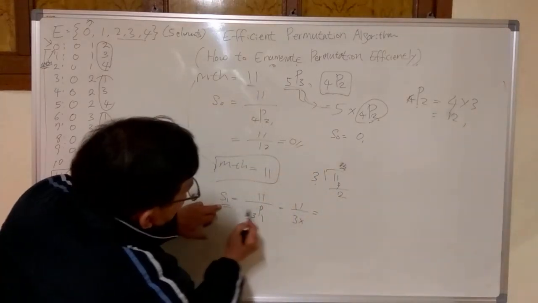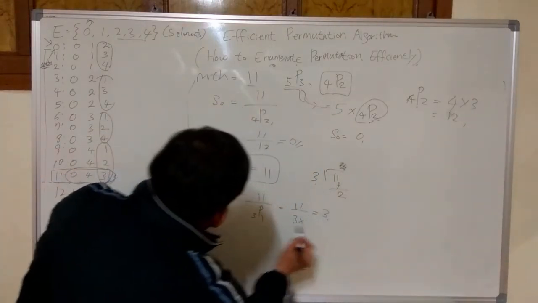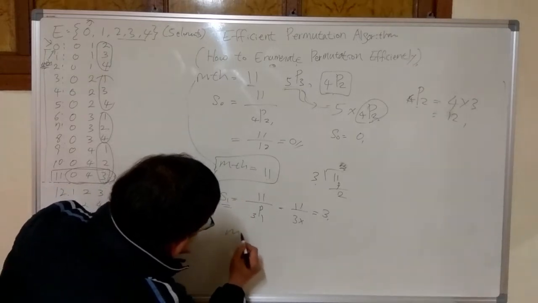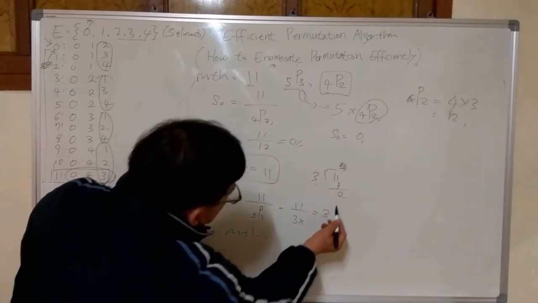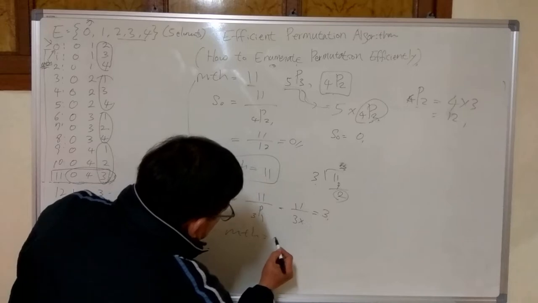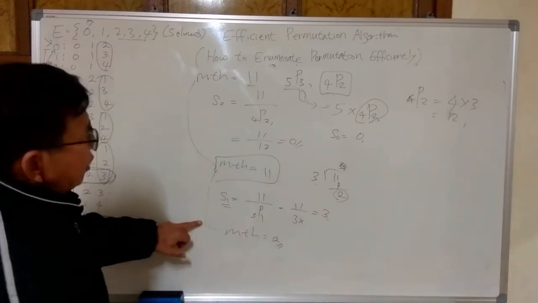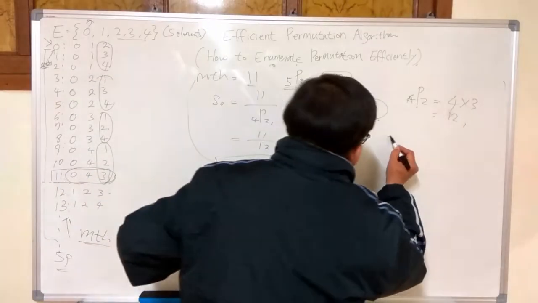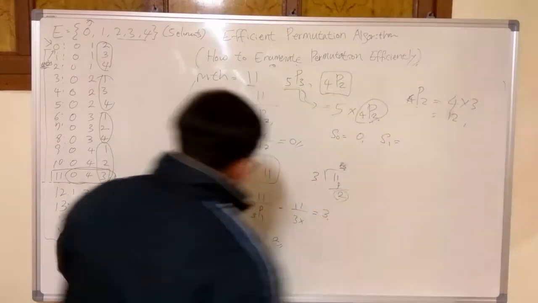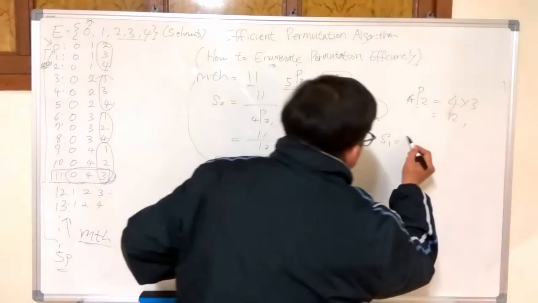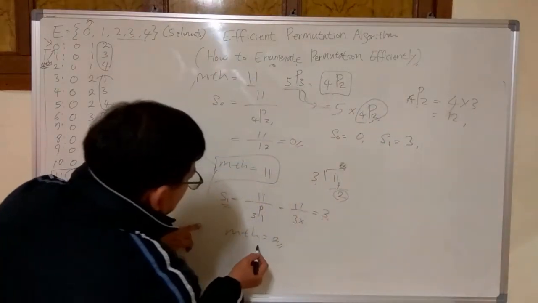So S1 becomes 3, and the remainder will be 2, right? So S1 becomes 3, and the remainder is 2.